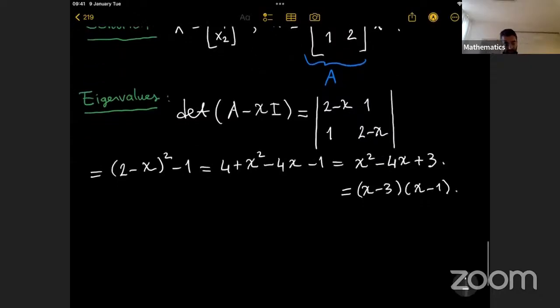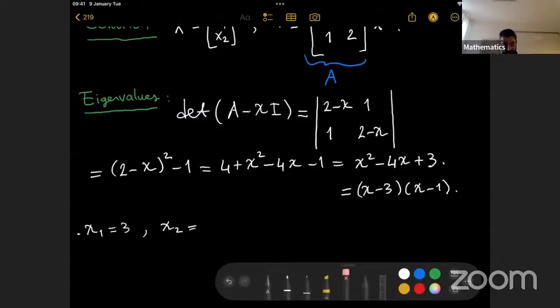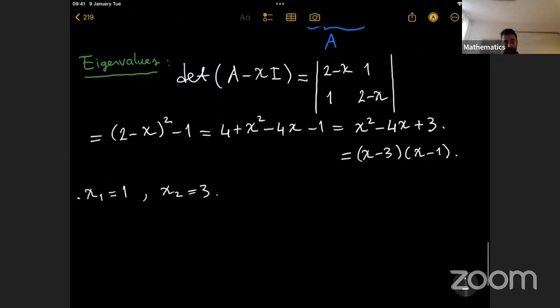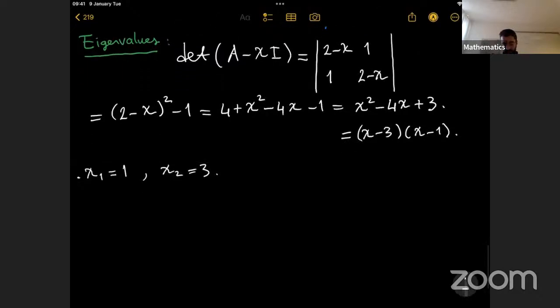So lambda 1 is equal to 1 and lambda 2 is equal to 3. It doesn't really make any difference, but to be consistent, we write the smallest one first. Let's find the eigenvectors now.